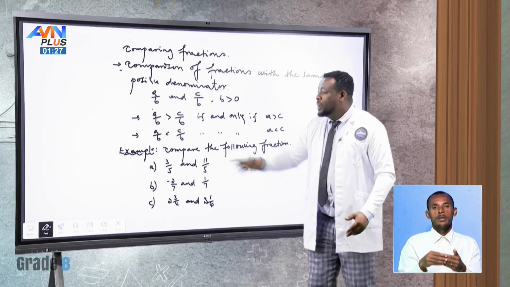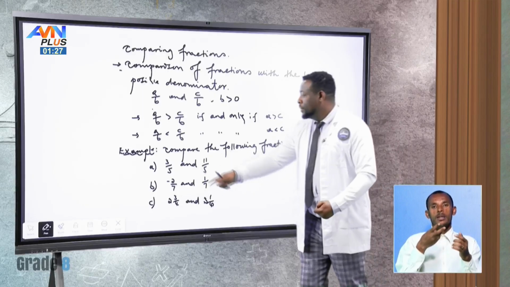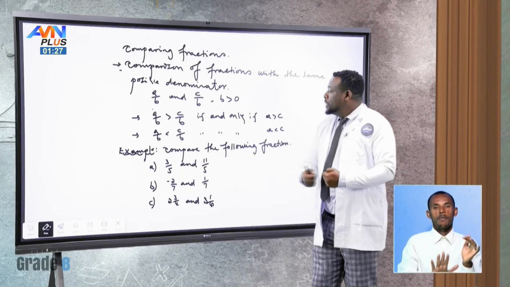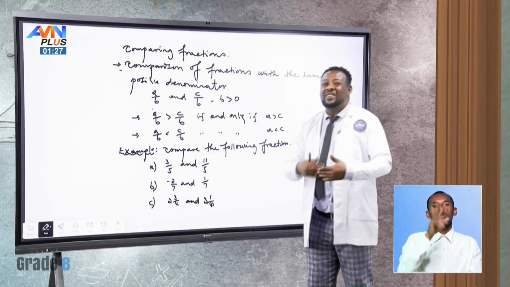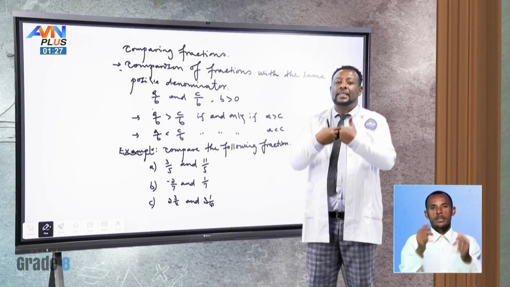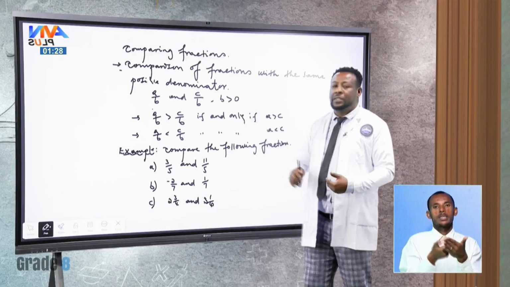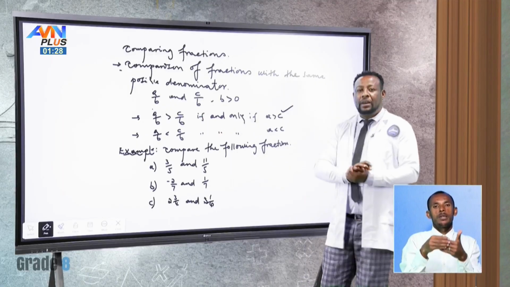Okay, so whenever we come to the first example, we have 3 over 5 and 11 over 5. These two fractions have the same denominator, so we follow the first principle that we have here.